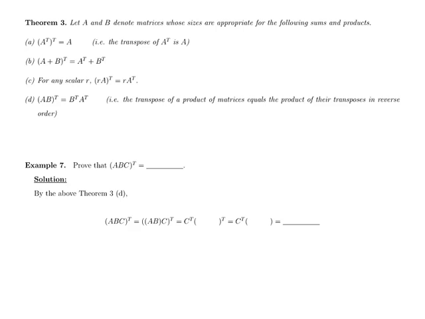So the last thing we'll do here is we're going to look at this result, ABC transpose. We're going to try to figure out what this is going to be. And we're going to use this last theorem to do it. So ABC transpose, we could look at this kind of piece by piece. So let's look at first AB times C. If we do that, then by part D, that is two matrices multiplied together and then take the transpose.